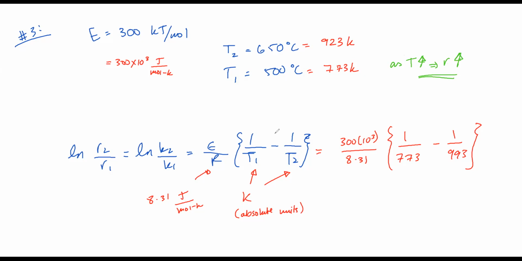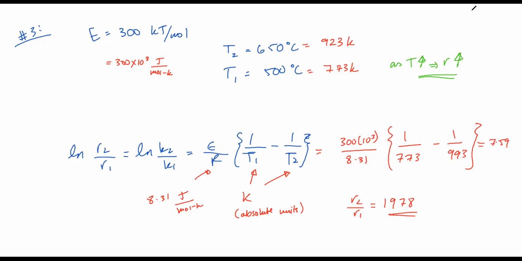So if I do this calculation, the number I got was 7.59, and R2 over R1, if I take the exponential, will be about 1978. So if I increase the temperature from 500 to 650, my reaction rate is going to increase by almost 2,000 times as much. Okay, so this is number 3.